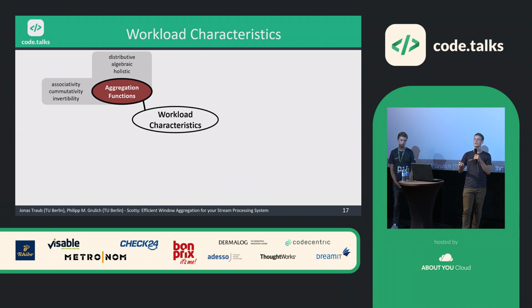You can look into the mathematical properties and ask: is this function associative, is it commutative, is it invertible? But also in terms of memory requirement: is it distributive, algebraic, holistic? Depending on what kind of aggregation function you use, you enable the system to perform quite different optimizations.